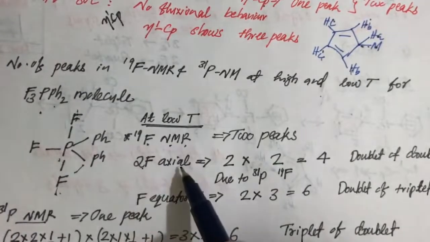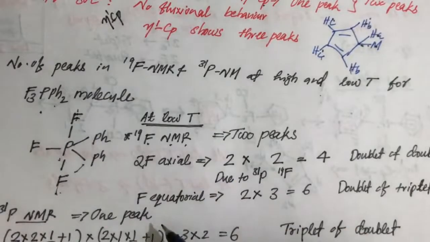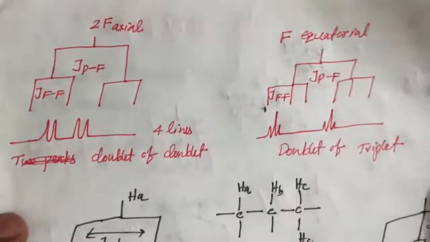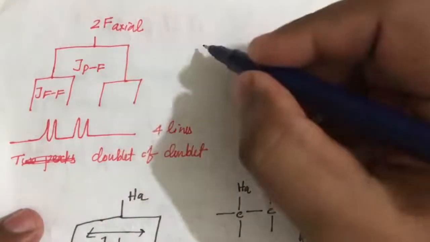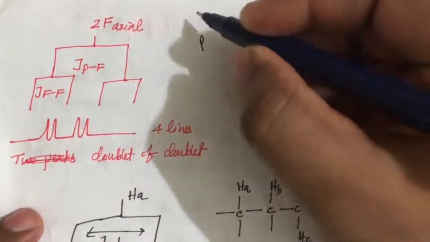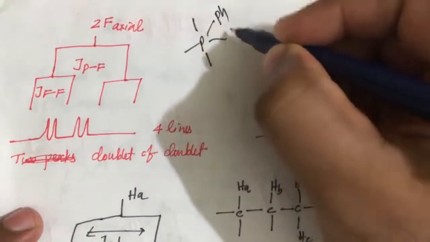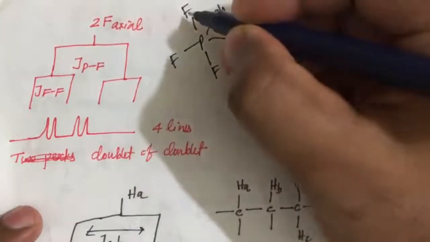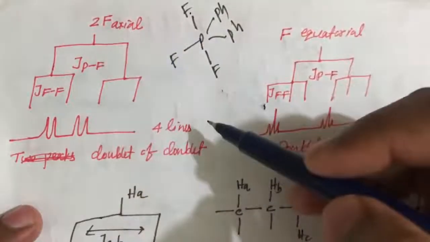So these 2 fluorines, the axial fluorines, give you splitting. So this is our compound, PH2, F. Okay, so here we are analyzing the axial fluorine.